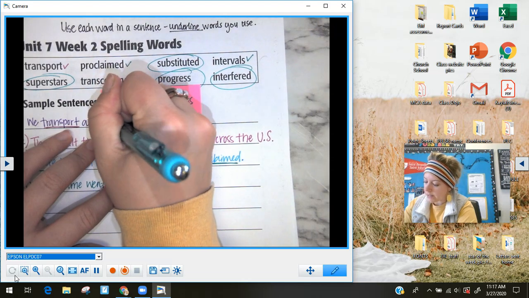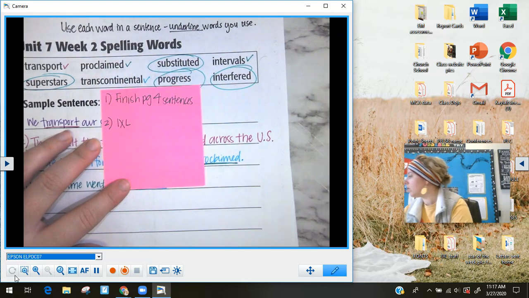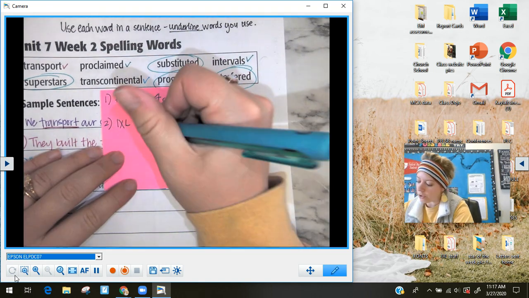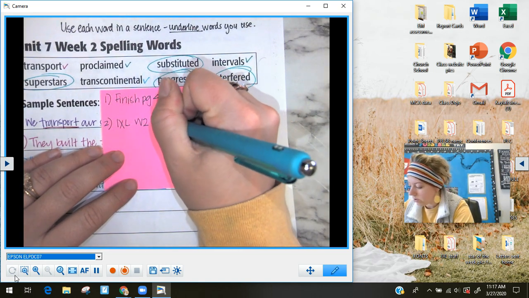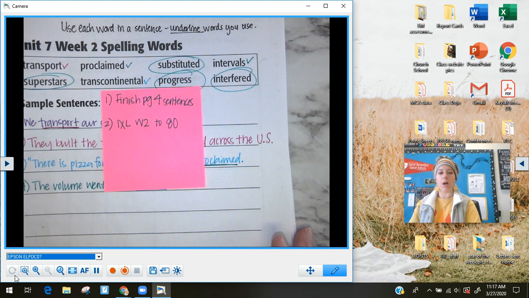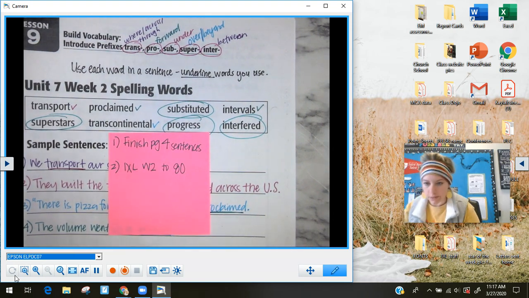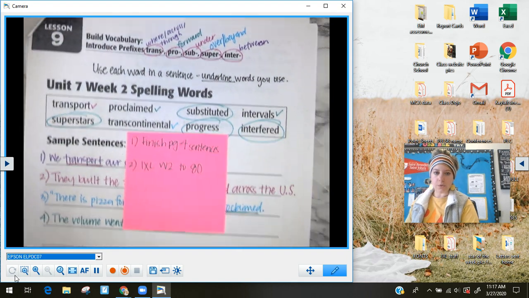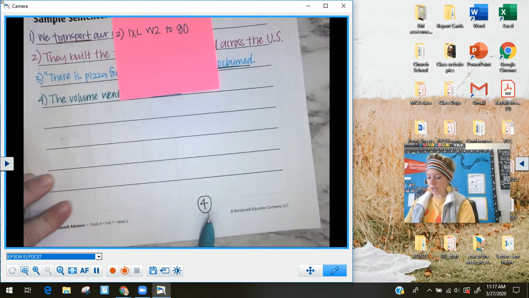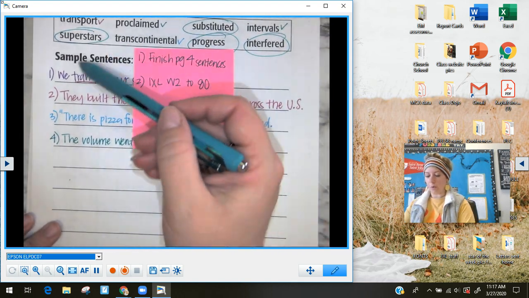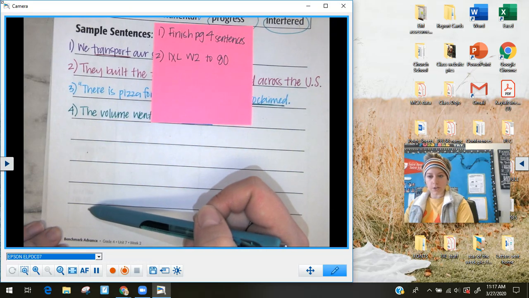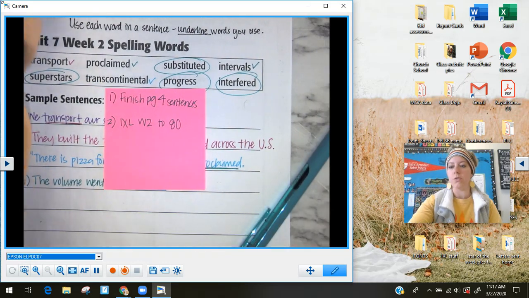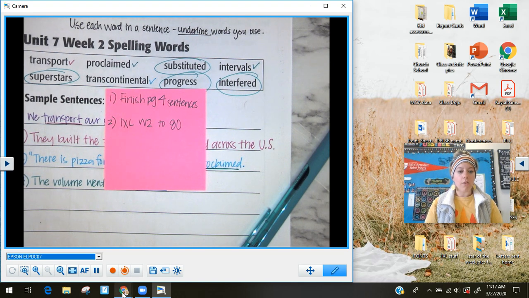And then your IXL for today is just one. It's W2 to 80, and it's working on prefixes and suffixes. Okay, so again, finish this page 4. I did 4 sentences with you. Now you need to finish the last 4 with these words, and then IXL W2 to 80. Okay, all right, there you go.